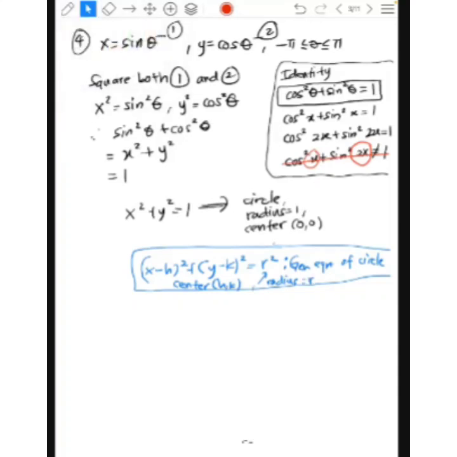Then we can sketch our parametric curve. So we get a circle with center (0, 0) and radius 1.